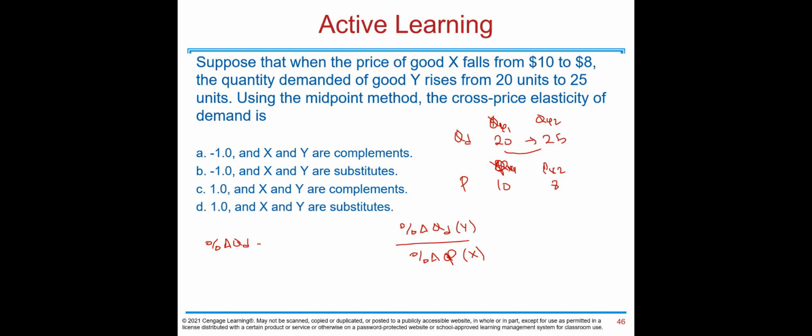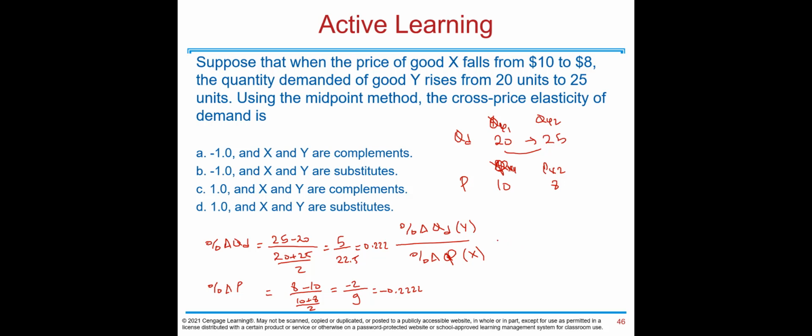Let's do the numerator first, the percentage change in quantity demanded for good Y, which is the difference divided by the average of the quantities. 5 divided by 22.5 is equal to 0.222. Let's find the percentage change in price for good X, which is 8 minus 10 divided by the average of these prices, so minus 2 divided by 9, that is negative 0.222.